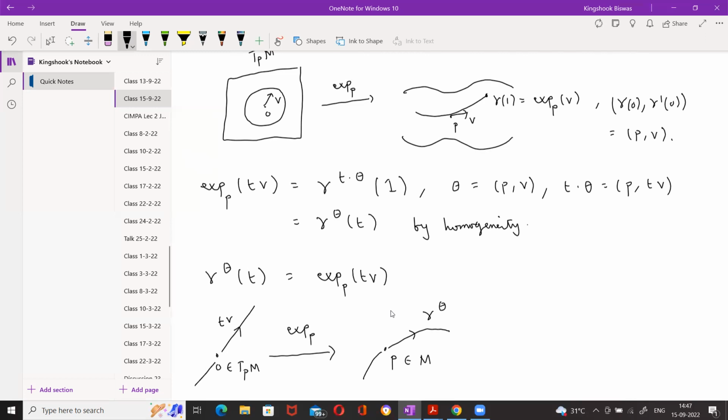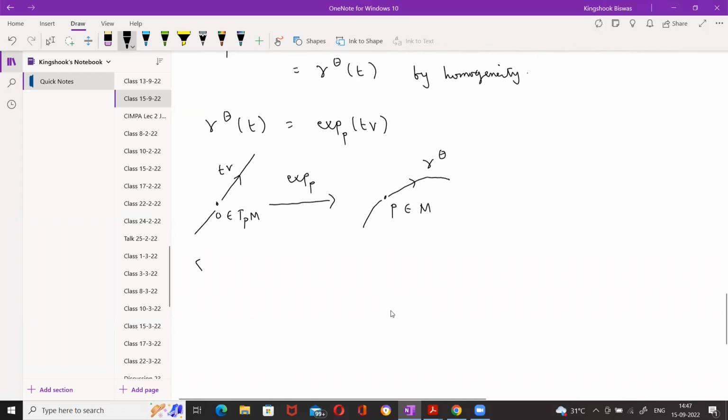So straight lines through the origin only, not through other points, map to geodesics through P. So the exponential map sends straight lines to geodesics. Any questions? Is this okay?